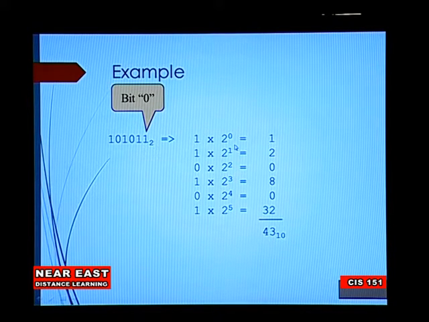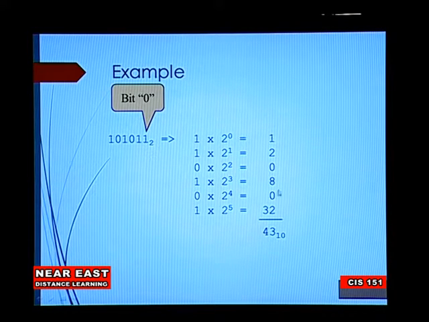Now we just do the multiplication, which here is equal to 1. Again, here 2 to the weight 1 is equal to 0, because it's multiplied by 0. And 1 is multiplied by 2 to the weight 3, which is equal to 8. And 0 multiplied by 2 to the weight 4 is 0, because we multiplied it by 0. 1 multiplied by 2 to the weight 5 is equal to 32.